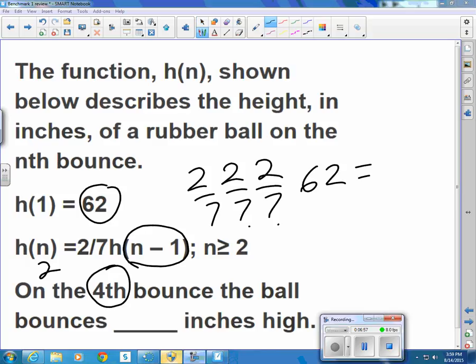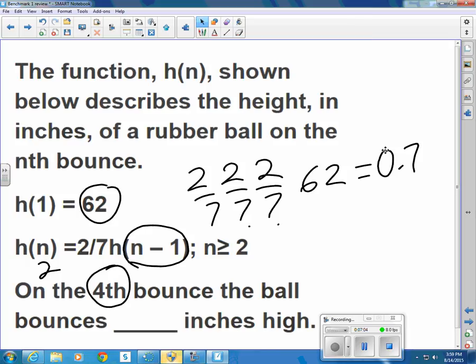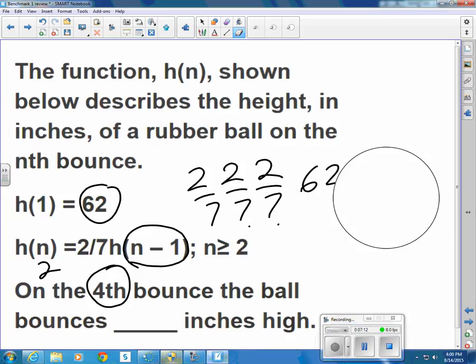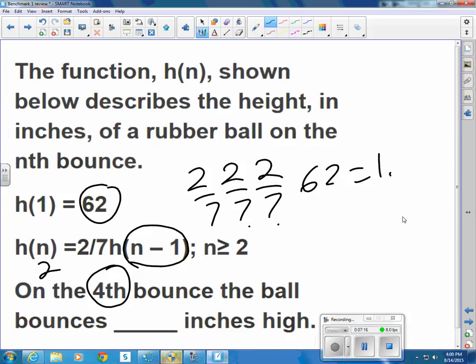That equals 0.7. So it's not even bouncing an inch high anymore. Whoops, that seemed a little bit low, so I redid my calculations. I must have missed one of the 2's when I was multiplying. It's actually 1.4.